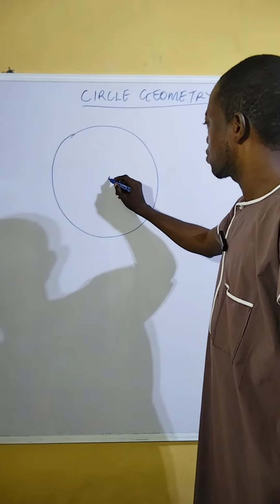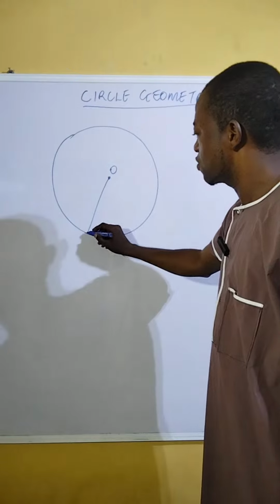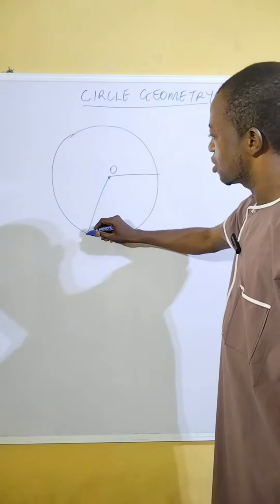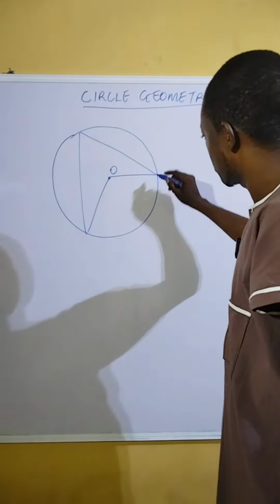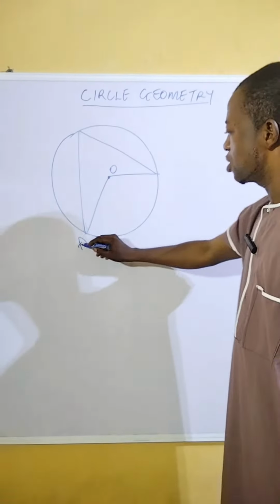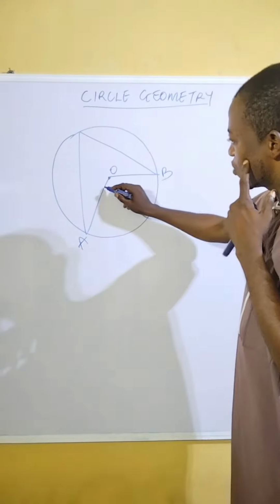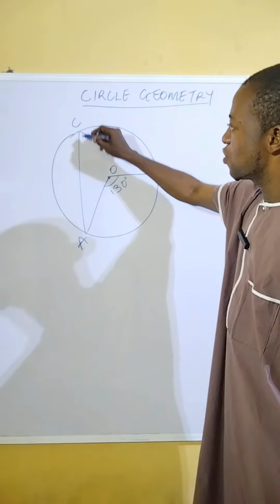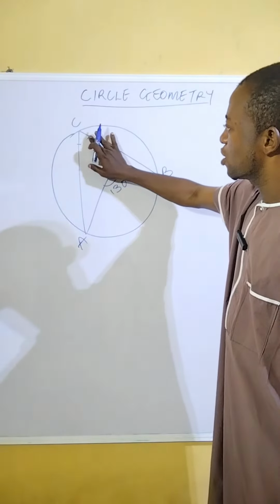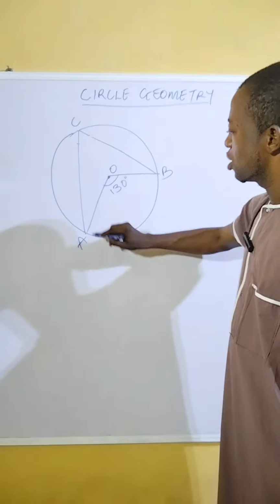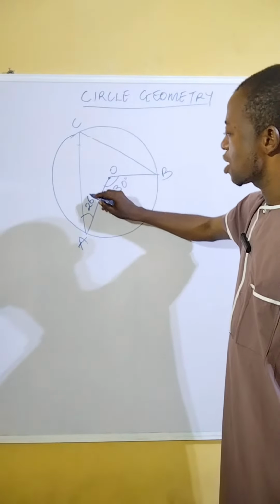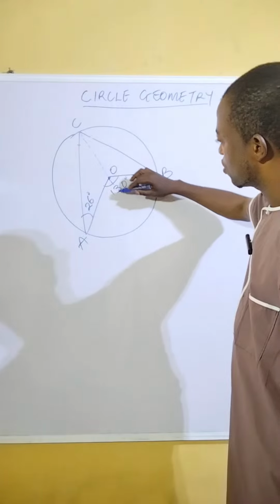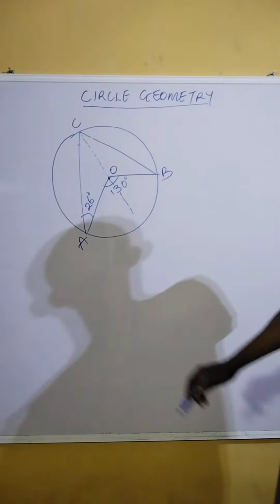This is the center of the circle O. We have this radius, this is a radius, this is a radius. And we have this angle formed by this arc. This arc AB subtends this angle at the center, and it is 130 degrees. It also subtends this angle at the circumference, which is not given. And we are given 26 degrees here. And there is a construction line connecting C and O, extended to another point here.